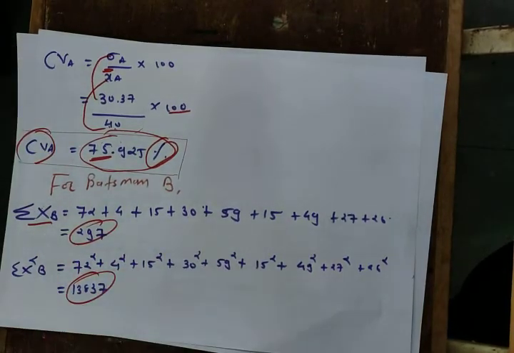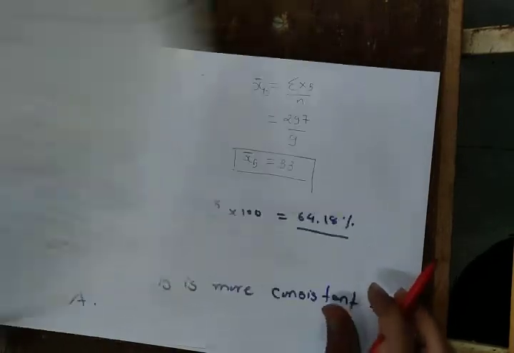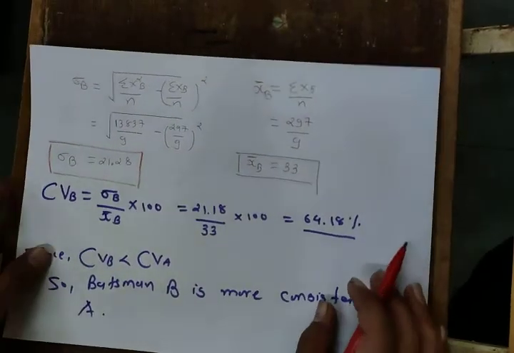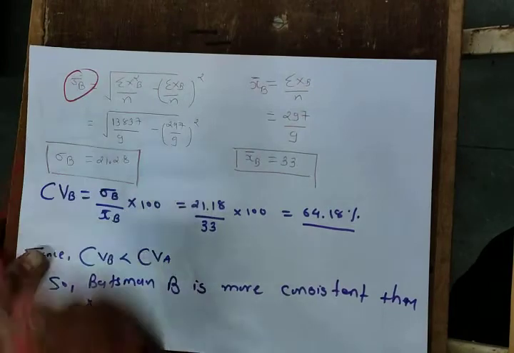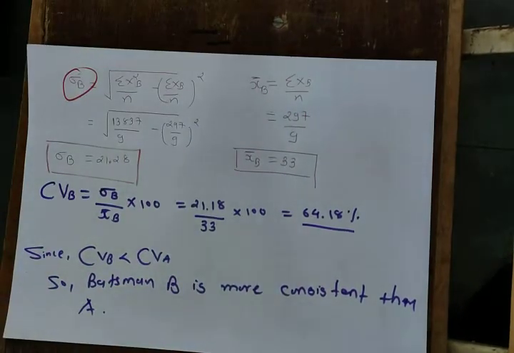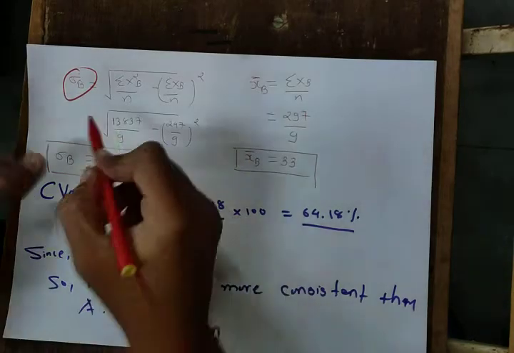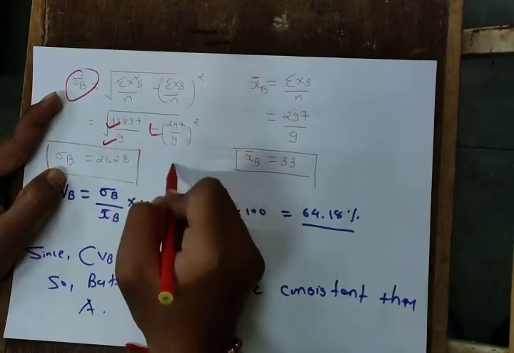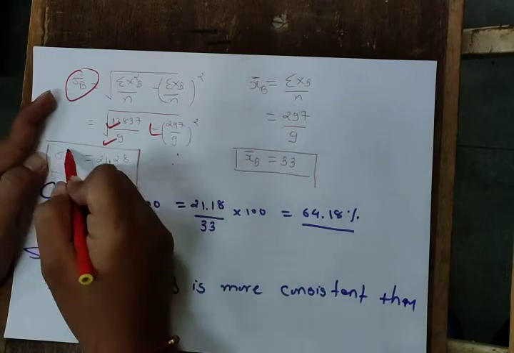Then let's find the standard deviation for batsman B with the same equation: the square root of sigma x square B upon n minus sigma x B upon n, whole square. Simplifying this, I already have all these values.